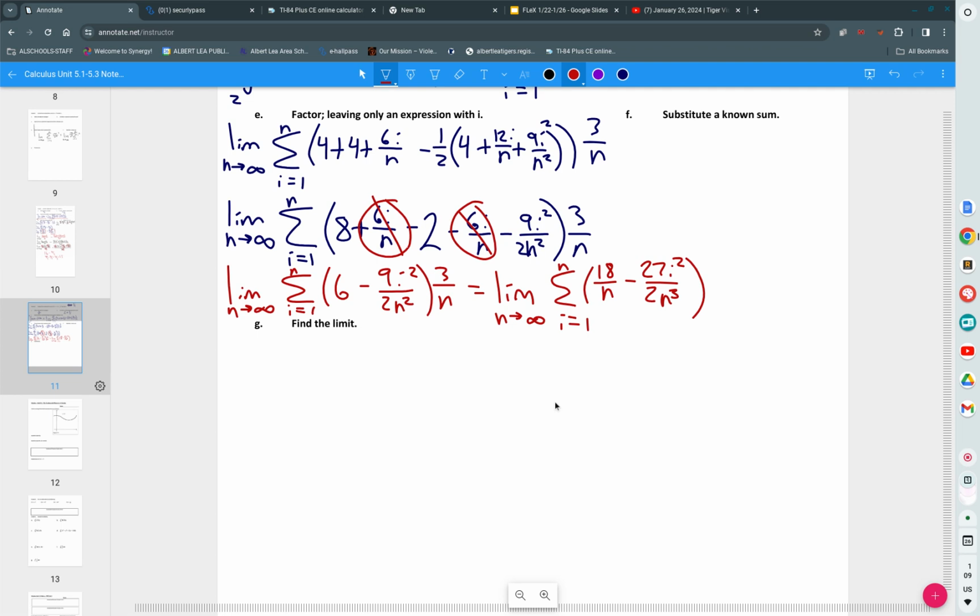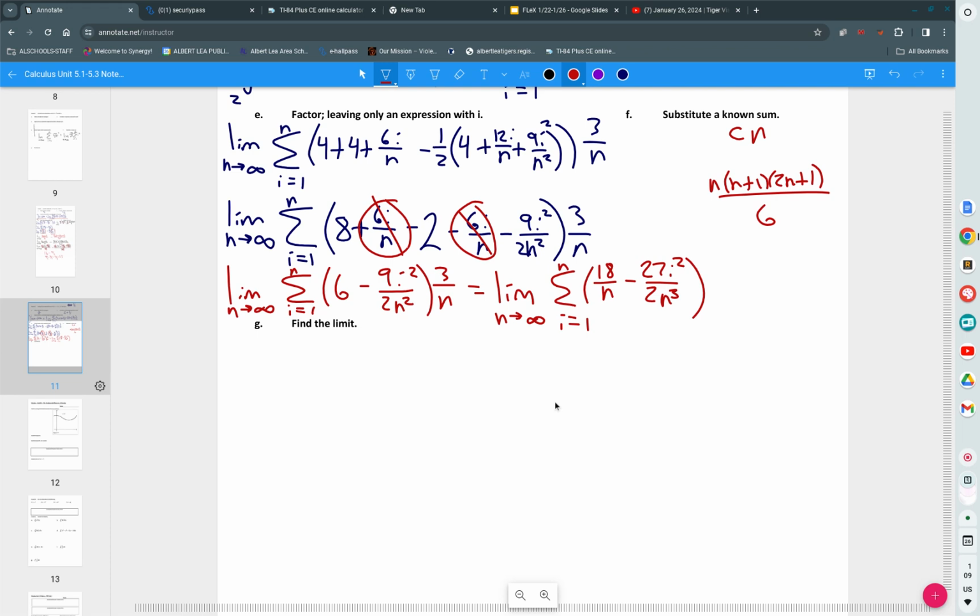So for the i squared, we've gotten used to that. That's n times n plus 1 times 2n plus 1 all over 6. And then this is a constant. When you factor out the n, you'll just be left with 18. And so you substitute the constant of 18 just times n. So those are your 2 substitutions.